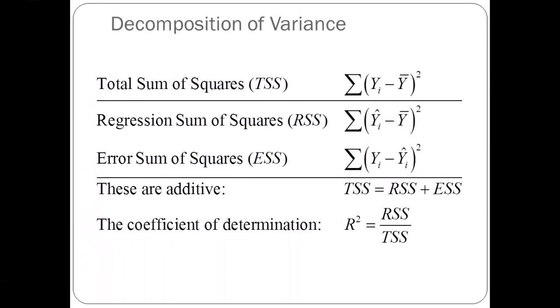I mentioned in passing during ANOVA that there's a statistic that we can calculate called eta. And eta is the ratio of the between group sum of squares to the total sum of squares, and it's the proportion of the total variation explained by our group membership. The equivalent statistic in regression is called R squared, or the coefficient of determination. And here I'm using the regression context measurements, and I'm showing R squared is equal to RSS divided by TSS.